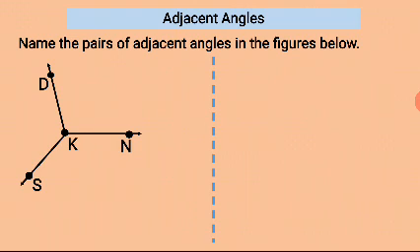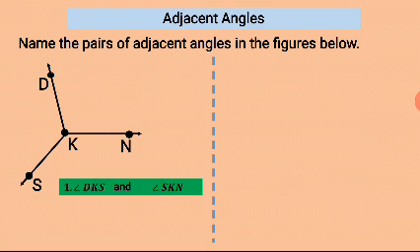That is, first we see here SKD or DKS and DKN. In these two angles, KD is a common arm. So first pair, angle DKS and angle SKN.